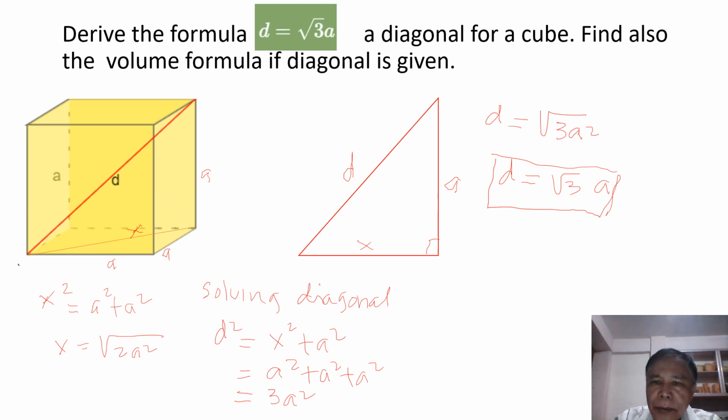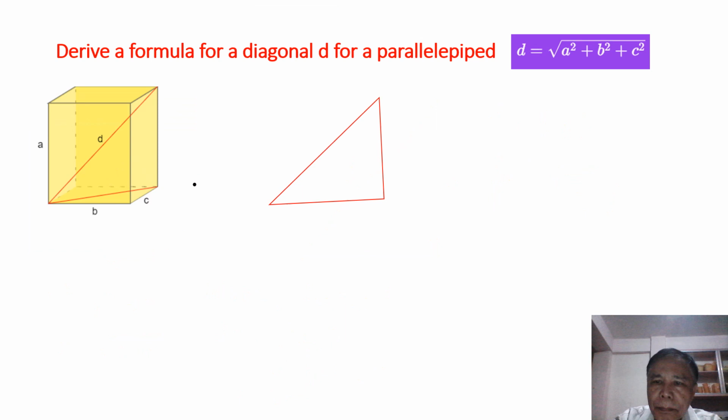So for the diagonal of the parallelepiped, to find a formula for the diagonal of a parallelepiped, it follows a procedure similar to the cube. So this one is your D, make that one x there.